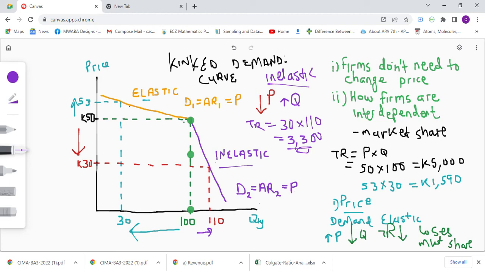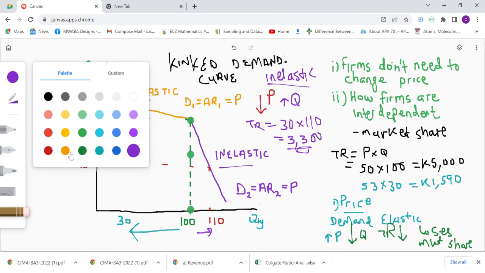Okay, so now the next thing that we're going to look at is the marginal revenue curve. So let me just make some space here. As I said, we have two demand curves here.